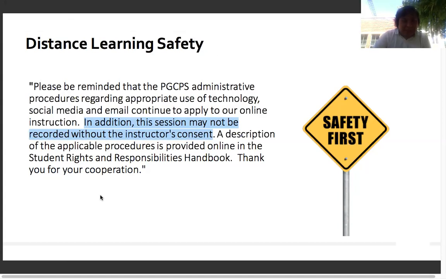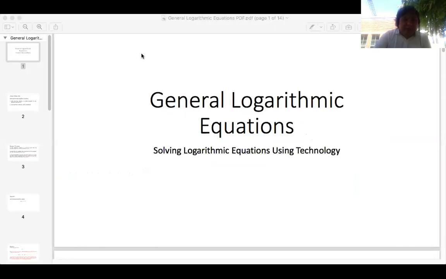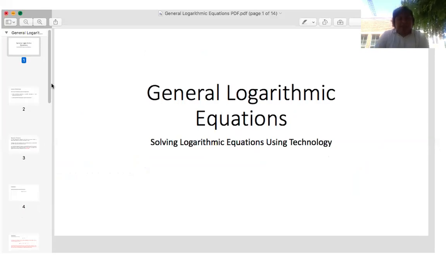Okay, so as I mentioned, our lesson for the week is about general logarithmic equations. Usually if the logarithm is not an exact number which is rational, so either a whole number, integer, or maybe a fraction, then an exponential form would be sufficient to solve that.